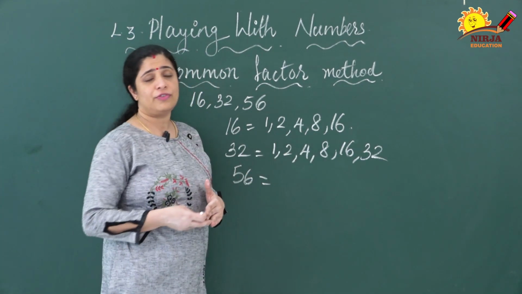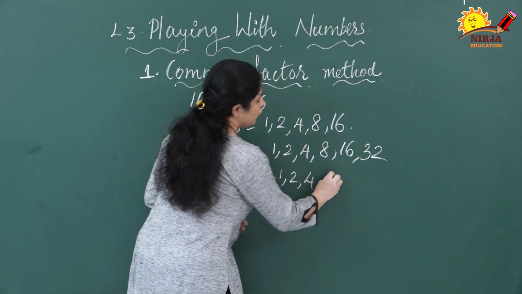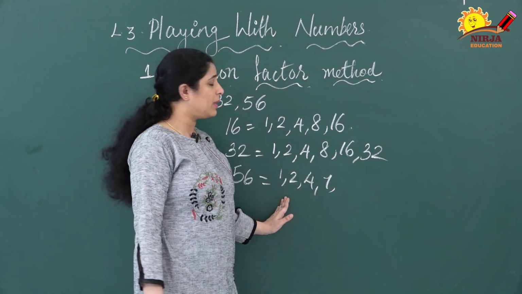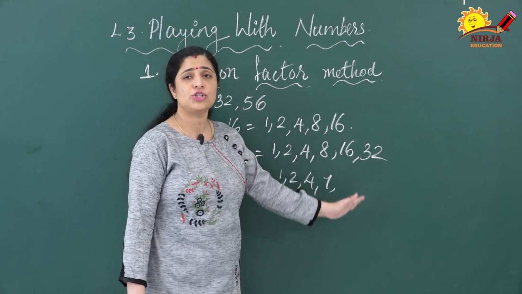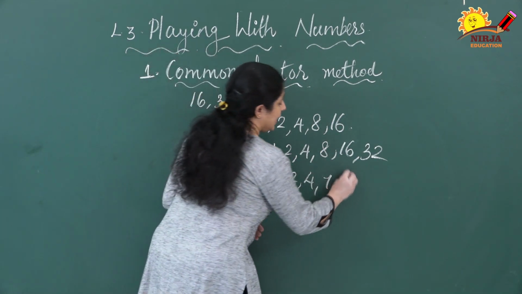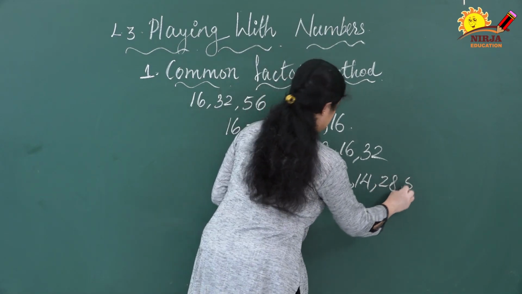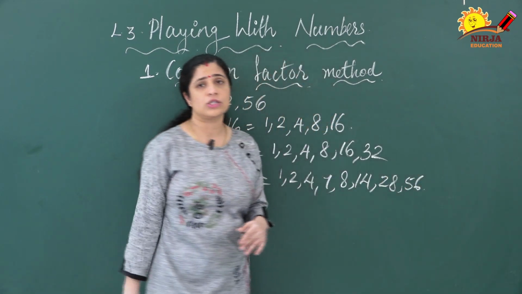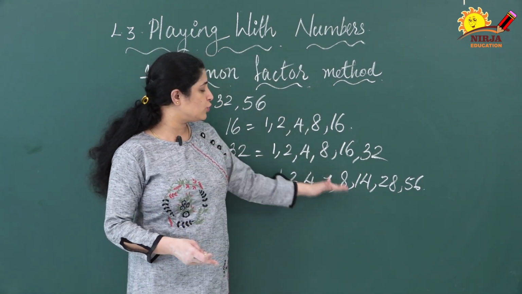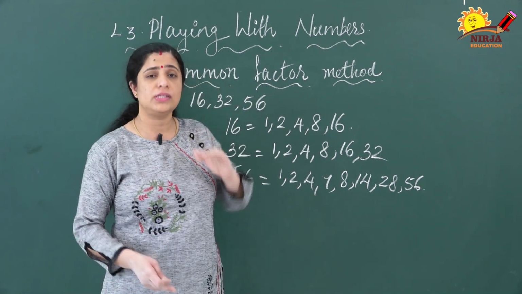The factors of 56 are 1, 2, 4, 7, and then the numbers which, when multiplied, give this one: 8, 14, 28 and 56.